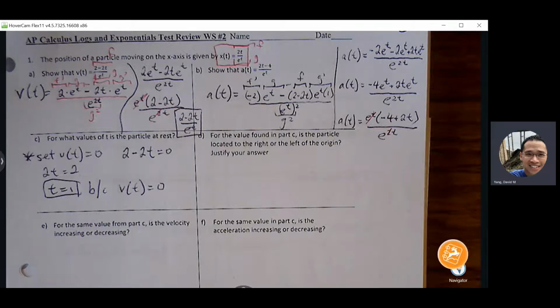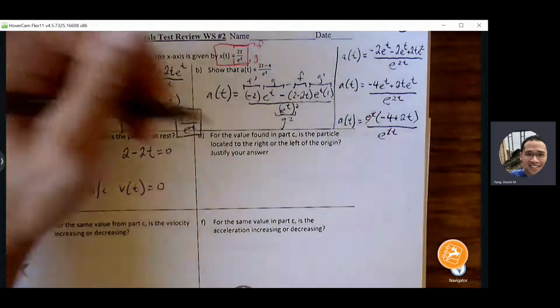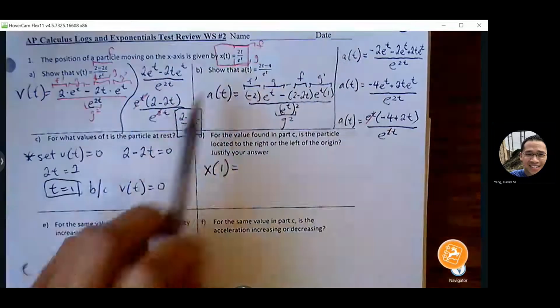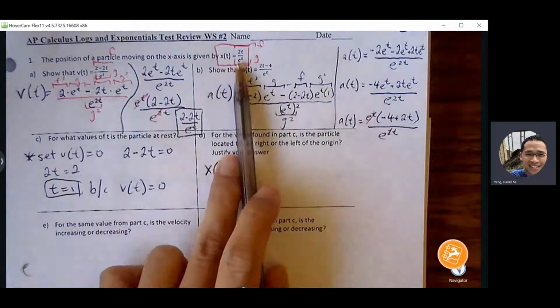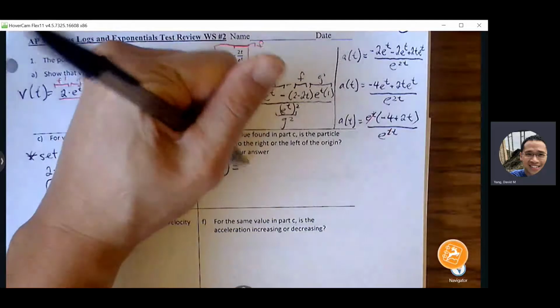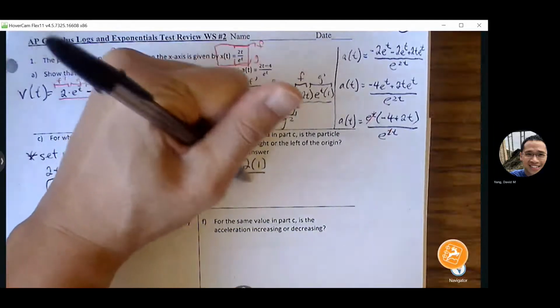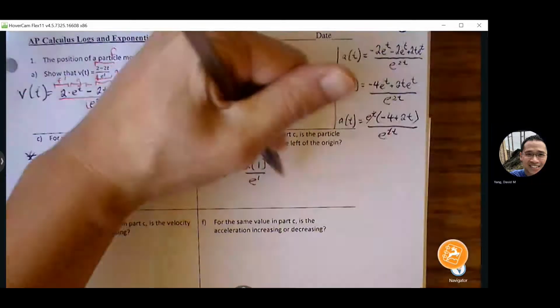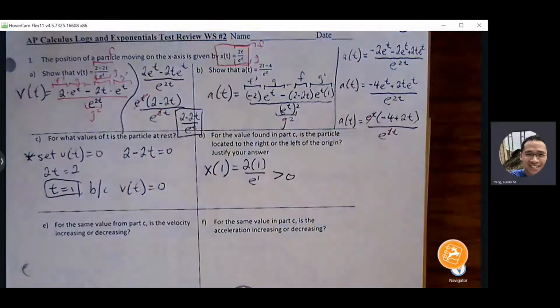If it's negative, we know it's to the left of the origin. Two times 1 over e to the first power. 2 over e, that's a positive number. So a positive number means particle is located to the right of the origin.